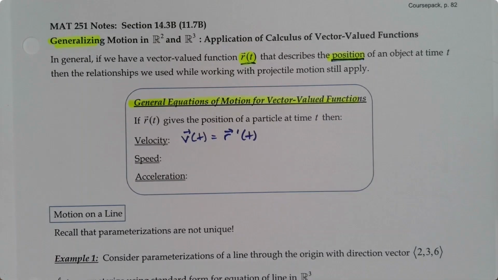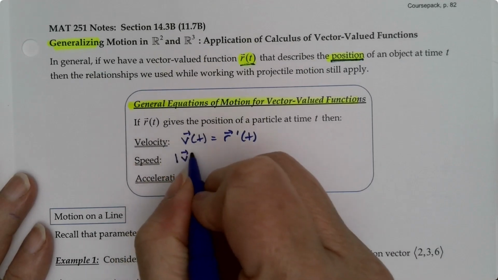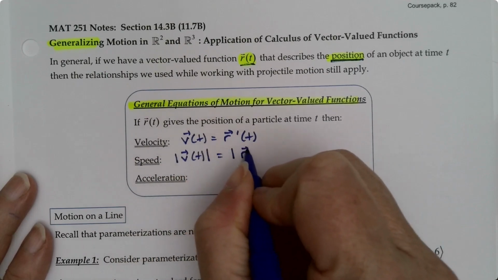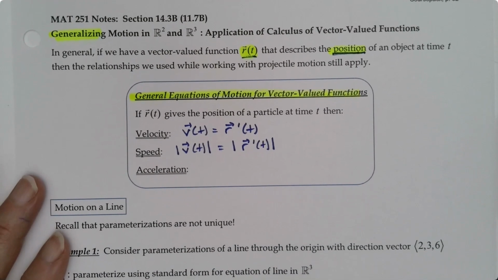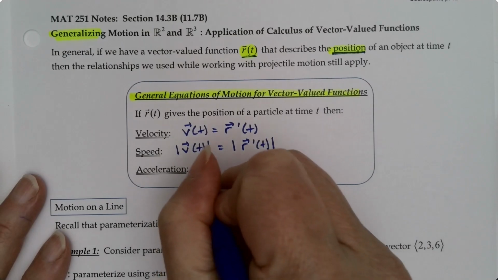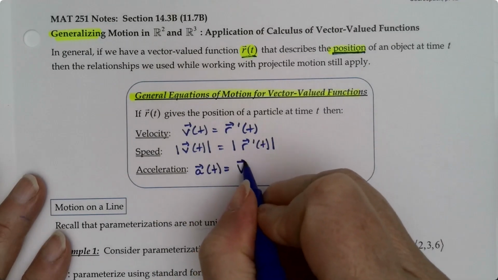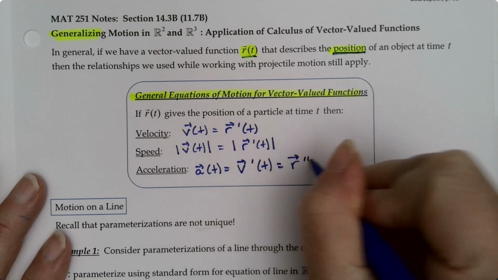Speed, which we dealt with a little bit in the previous section, is the magnitude of your velocity. So that would be the magnitude of your derivative of position. And then acceleration, which is a of t, is the derivative of velocity, which means it's the second derivative of position.